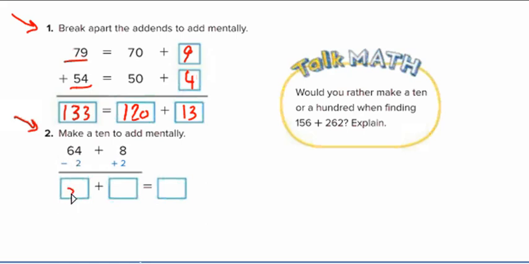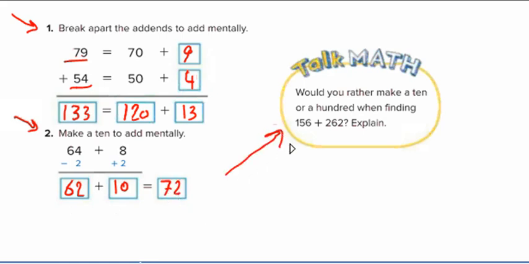It will be 62. Then add these 2 to 8. 8 plus 2 is 10. Now we made 10. 62 plus 10 is what? Yes, it's 72.